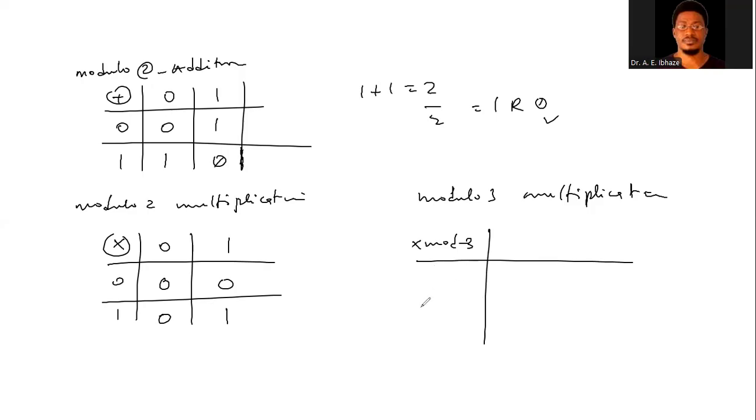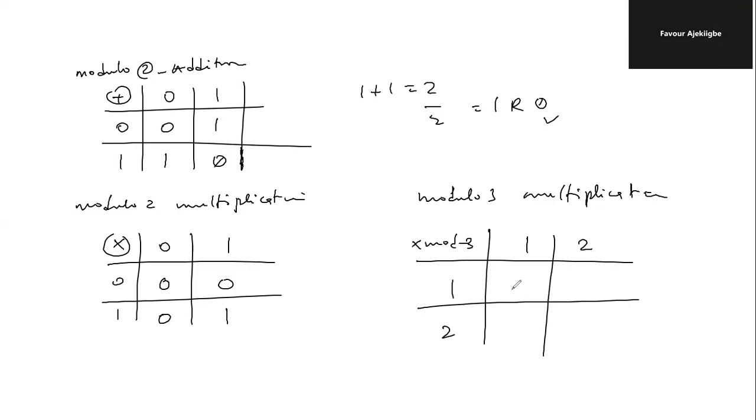We have 1, 2 and 1, 2. 1 times 1 is 1. 1 times 2 is 2. 2 times 1 is 2. 2 times 2 is 1. Now, do we all understand this? Is this clear? Yes, sir.